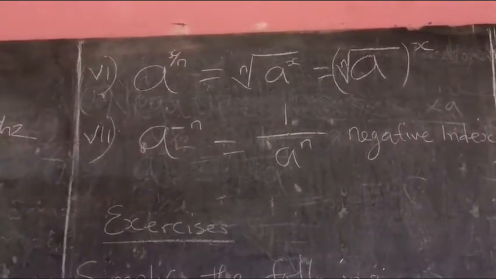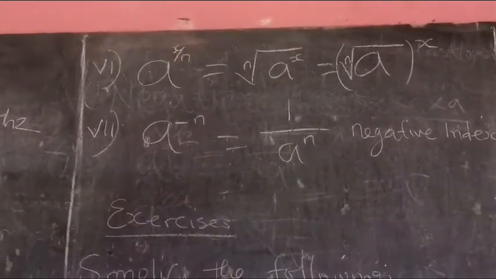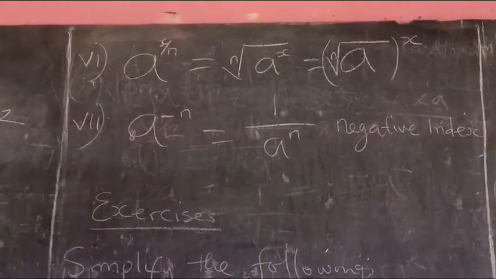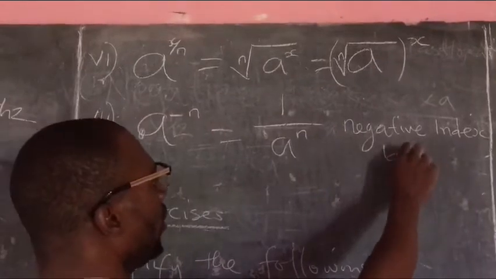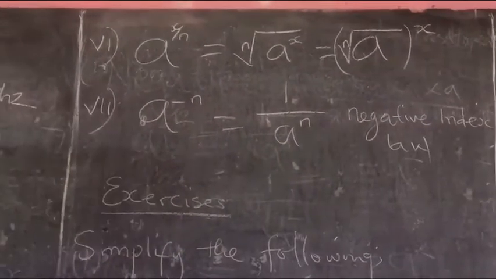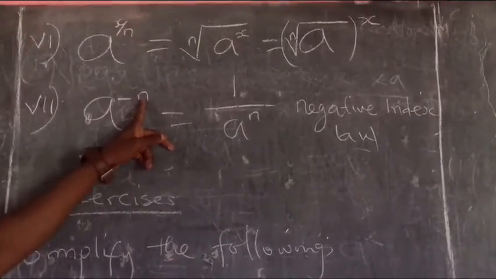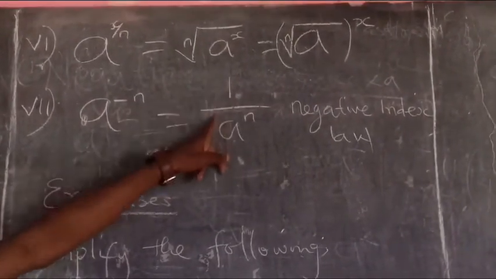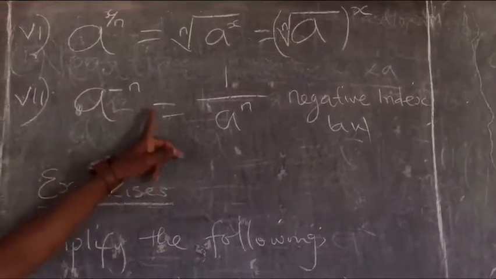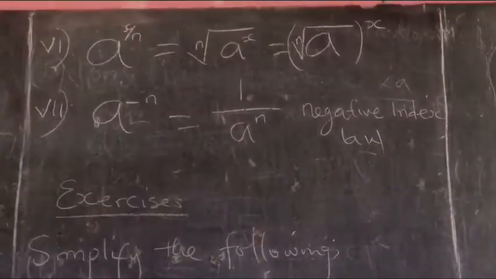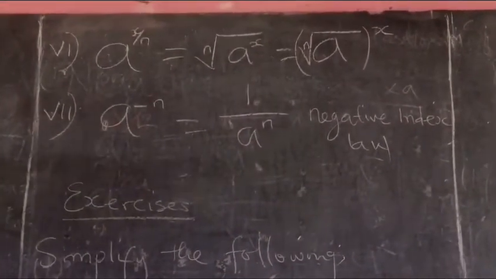That one too is fractional indices. Then we can talk about negative index law. If I raise a number to a negative index, then I just take the reciprocal of the number raised to the nth power.